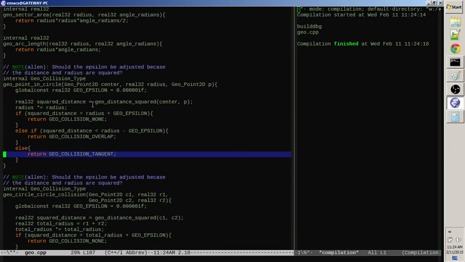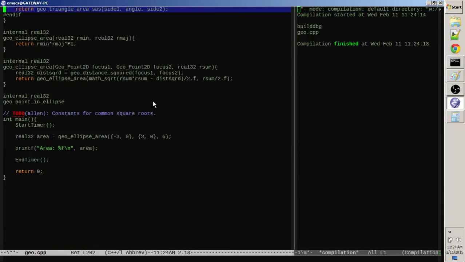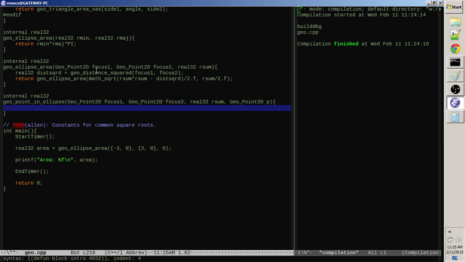Point in circle takes a center, a radius, and then the point. So that means I take the foci, the r sum, and then the point in this case, a Geo point 2D P.